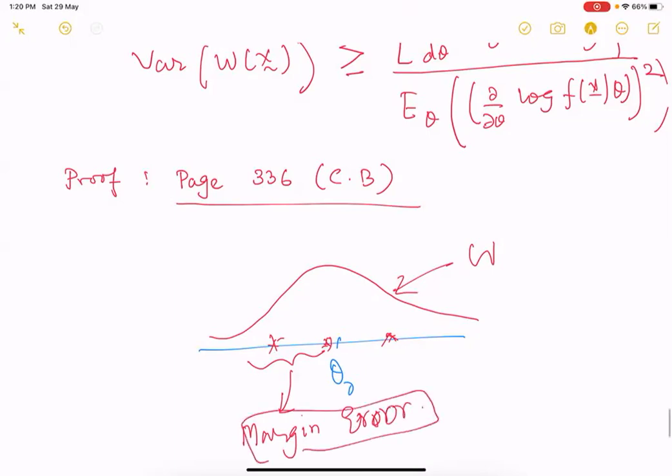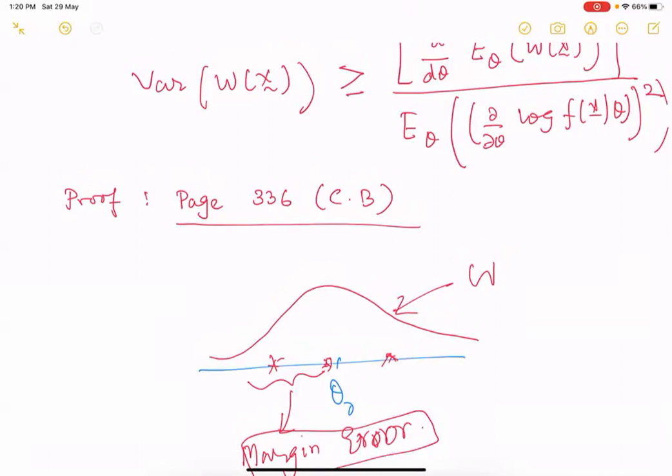And the variance of Wx has a lower bound, which means you cannot reduce this margin of error at your free will. There is a certain degree of margin of error we have to accept.